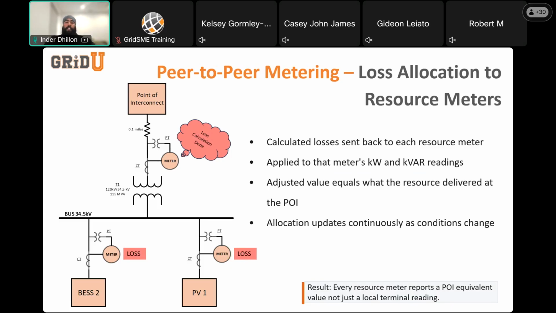And because of that adjustment, each meter now reflects what its contribution would look like at the point of interconnect, rather than just at the bus level. So instead of relying on a single point at the top, each resource is now effectively representing its own POI equivalent output. And that's what allows this setup to maintain both accuracy and visibility at the same time. And that's where peer-to-peer really solves the limitations we saw earlier in standalone.